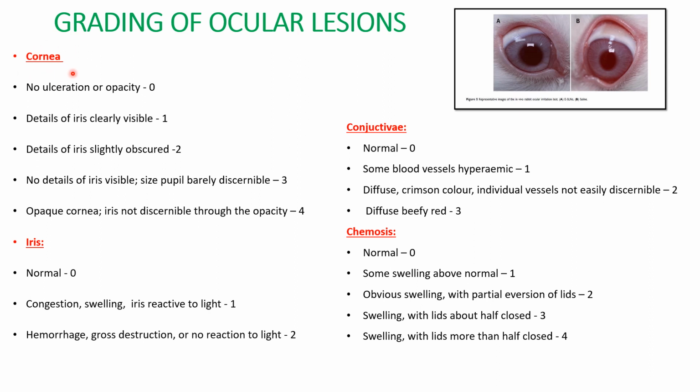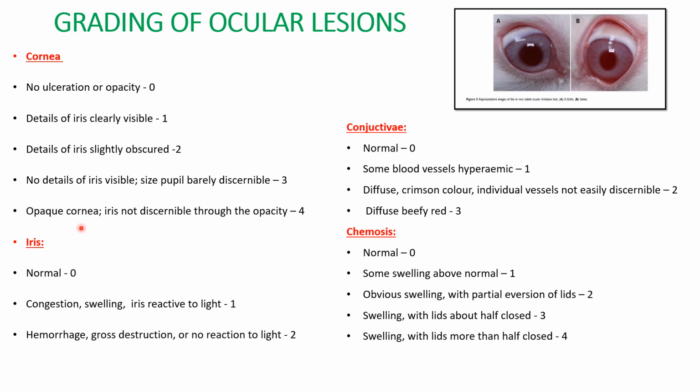Like in case of the cornea, if no ulceration or opacity is there, then we will give the grade as 0. If detail of the iris is clearly visible, then we will grade as 1. If detail of the iris is slightly obscured, that is, it is not clearly visible, then we will give 2. If no detail of iris is visible and the size of the pupil is barely discernible, then we will give grading 3.